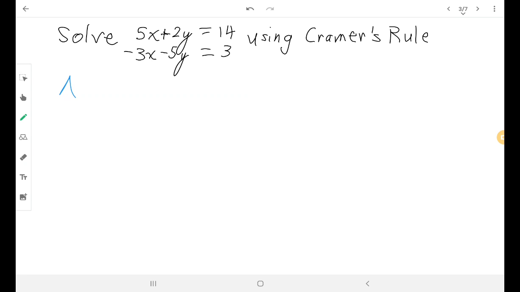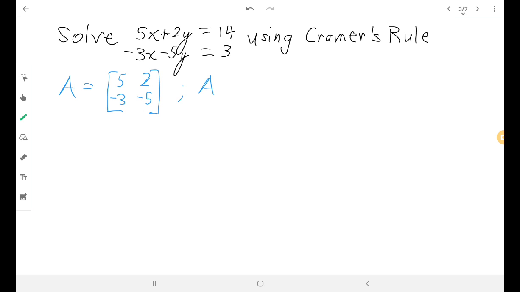So matrix A here, and I'm not going to write out all the matrices this time because the whole point of Cramer's rule is to make this quicker, okay? So matrix A is 5, 2, 2, -3, -5.